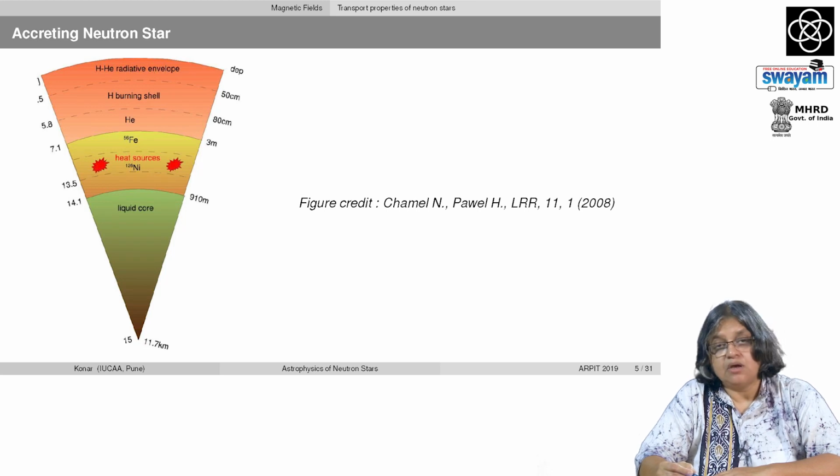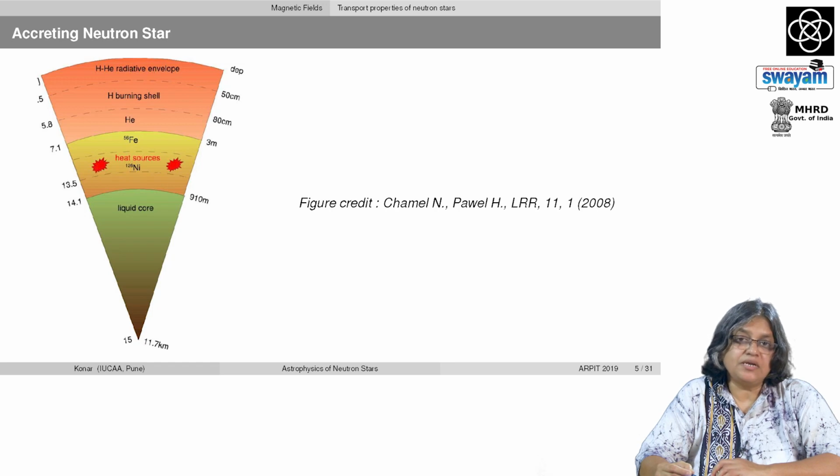Now, these numbers may not be very accurate, they would depend very much on the equation of state etc., but these numbers tell you the length scales over which processes in neutron stars happen. Within a few centimeters things change and determine the overall evolutionary behavior of the magnetic field as well as the neutron star itself.